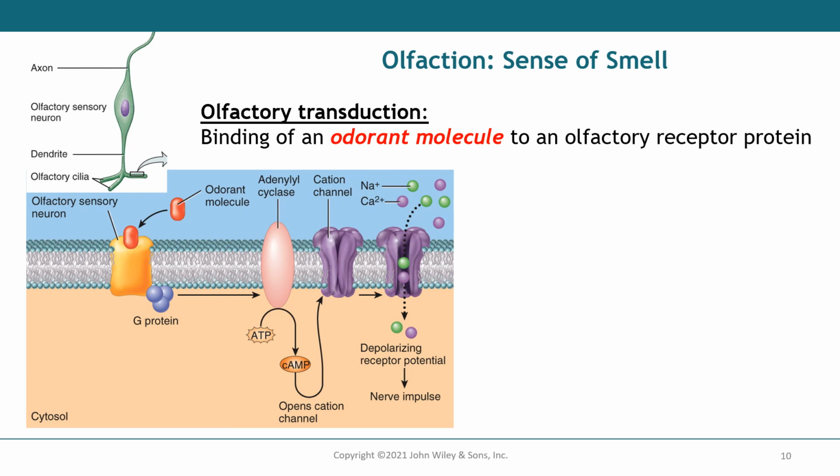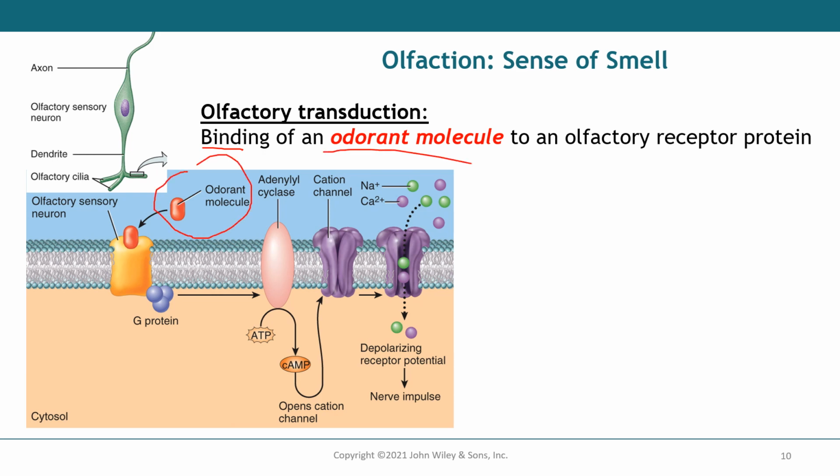Now to finish, we have been talking about olfaction and the sense of smell, mainly at the cellular level. Now I want us to zoom in on the membrane, and this is what you will observe: the process of olfactory transduction. Olfactory transduction is no more than the binding of an odorant molecule. Do you see this odorant molecule?